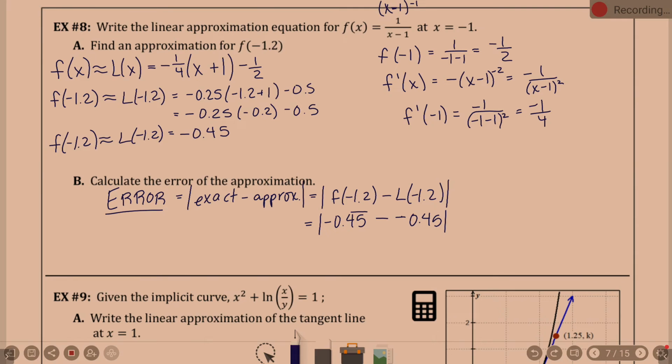And so I end up with 0.0045, I believe. Yeah. So what do we know about our error? It's less than 100th.